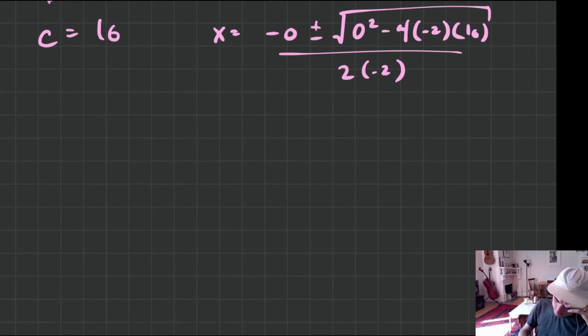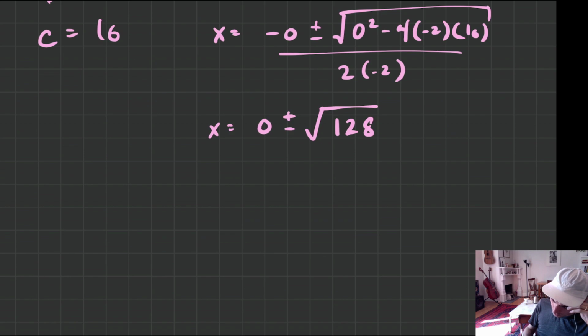So that gives us that x is equal to 0 plus or minus the square root of, well, negative 4 times negative 2 is positive 8. 8 times 16 is, I think, 128. So this is going to be the square root of 128 all over 4.